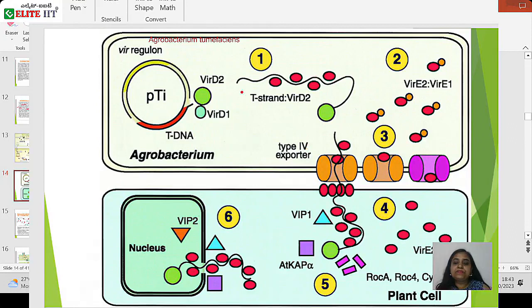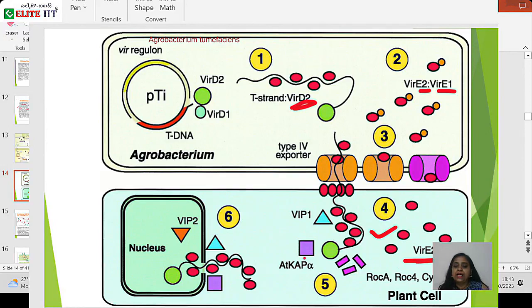Okay, anything else given here? First step is VirD2, then with E2 and E1. With E2, E1, it will attach to the DNA and go inside the plant cell, and VirE2 will be removed.